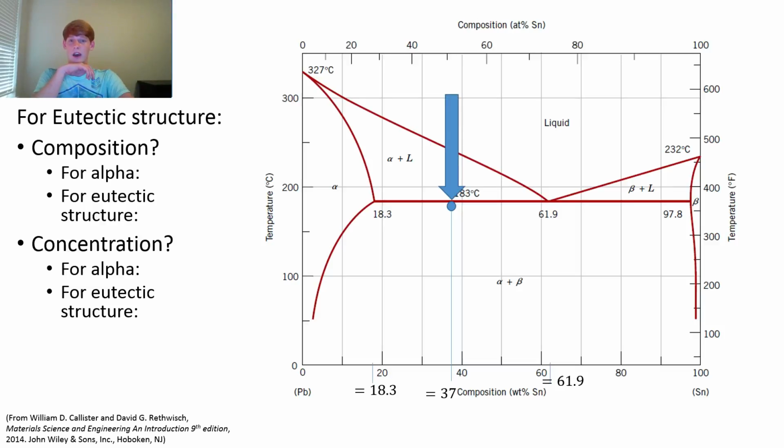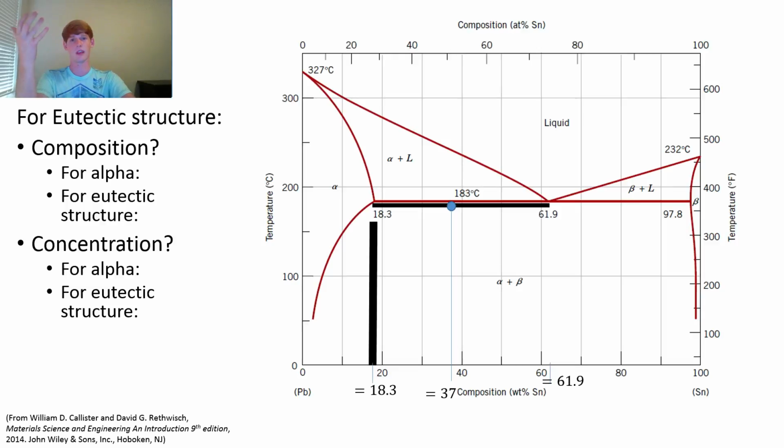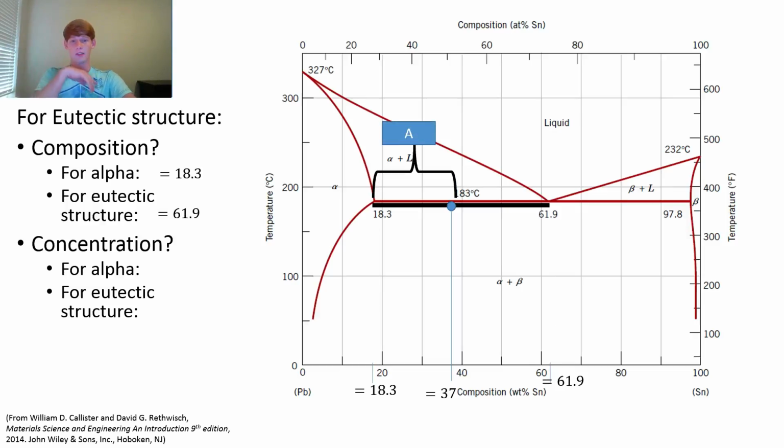At this point, we draw a tie line, but instead of intersecting the liquidus or the solvus line from the alpha region to the beta region, we draw it from the solvus intersection all the way to a point right below the eutectic point. We do the same thing as before, straight down to find the percent compositions for alpha and the percent compositions for eutectic structure.